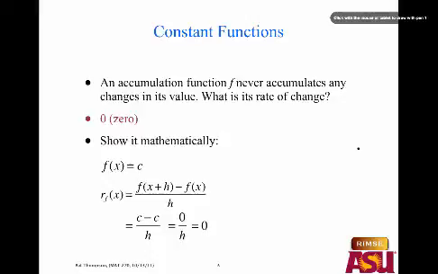And that's what we said. If a function doesn't accumulate any changes in its value, the rate of change is 0. So this is the mathematical proof of that using our trusted form of the rate of change function. Any questions? Okay. We've got a rule. If you've got a constant function, the rate of change is 0.